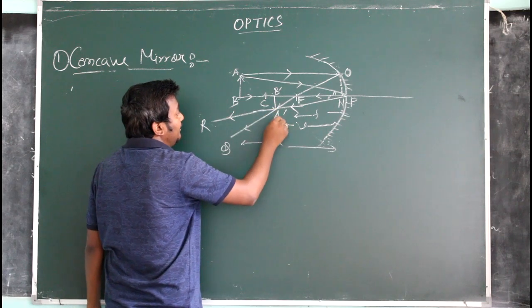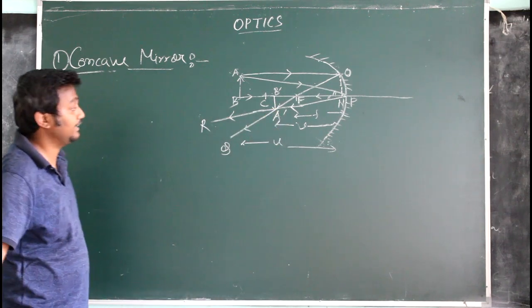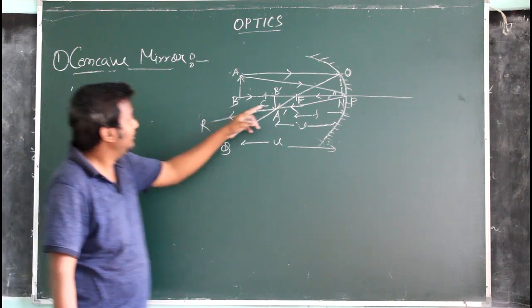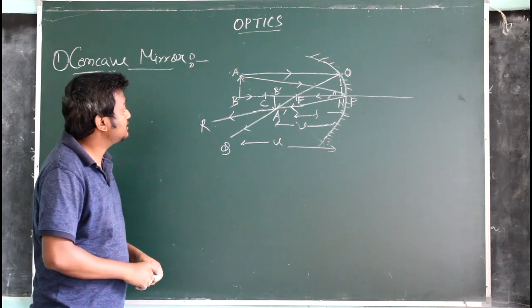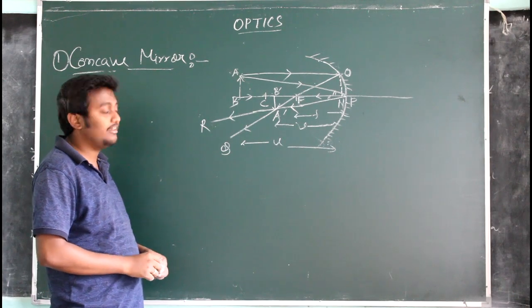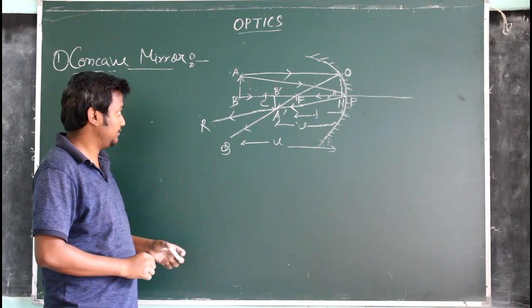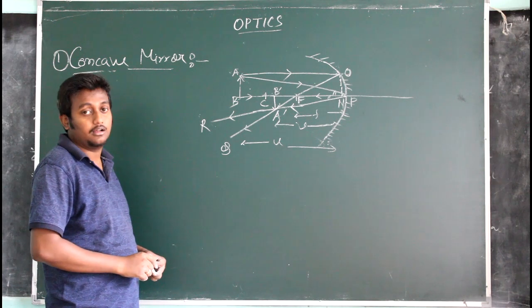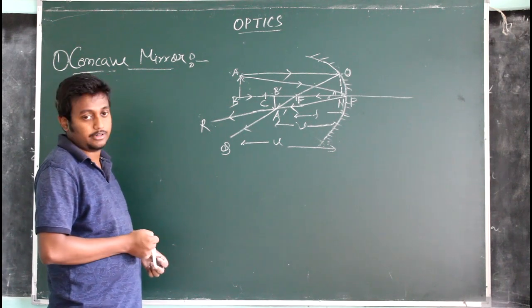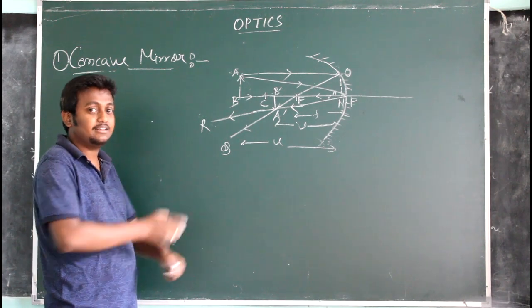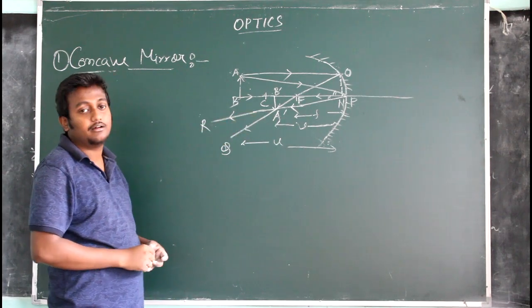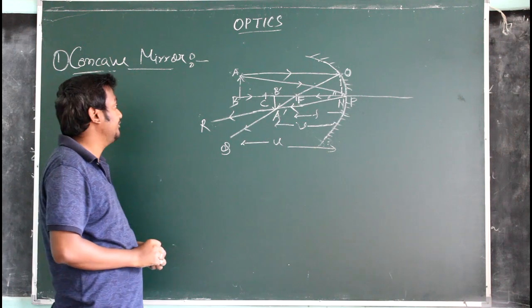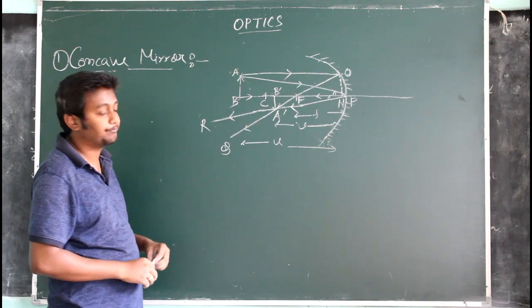A dash B dash will be the image of object AB, which is real and inverted.